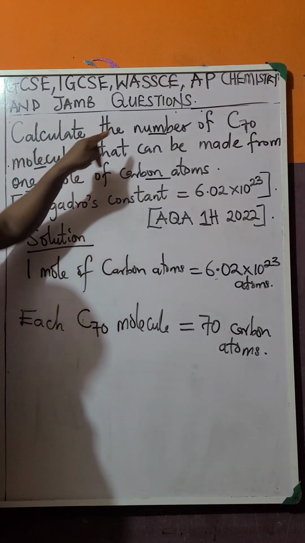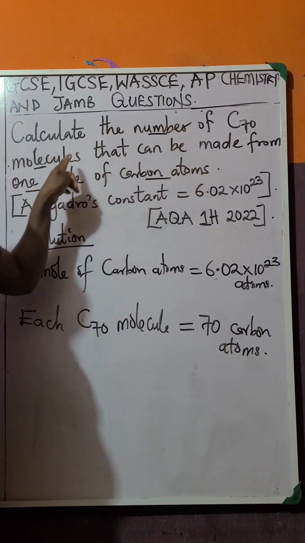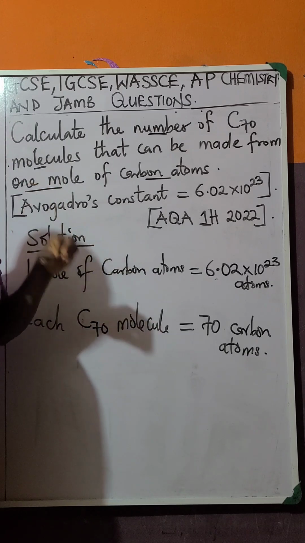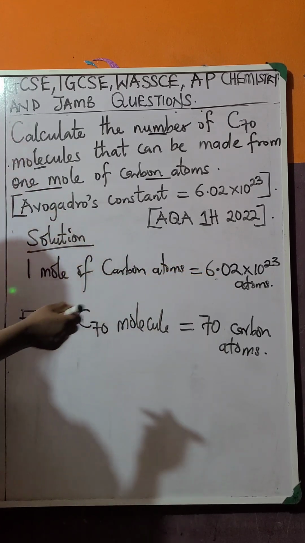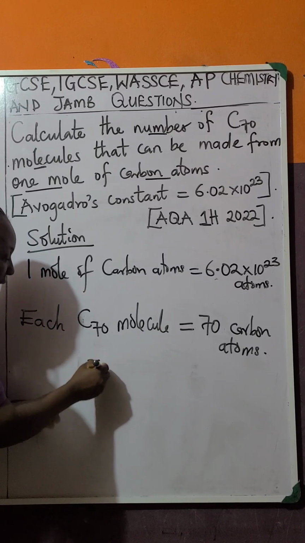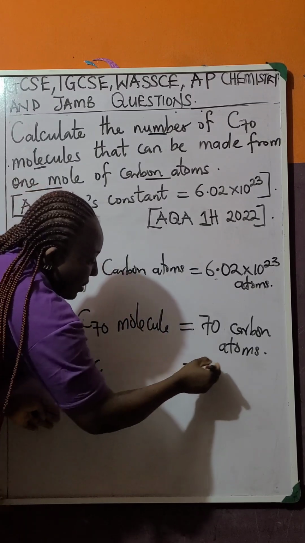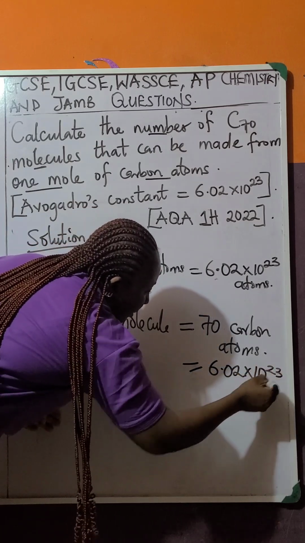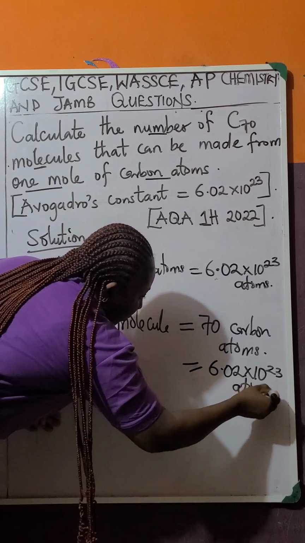So the question said, how many C70 molecules can I make from 1 mole of carbon? And 1 mole is this. So they are now asking me, how many of these can be made from 6.02 times 10 raised to the power 23 atoms.